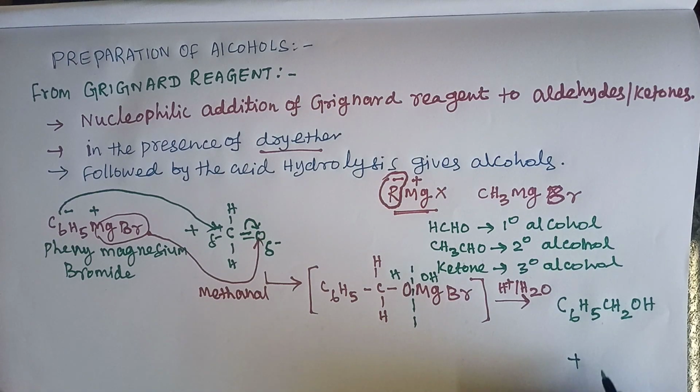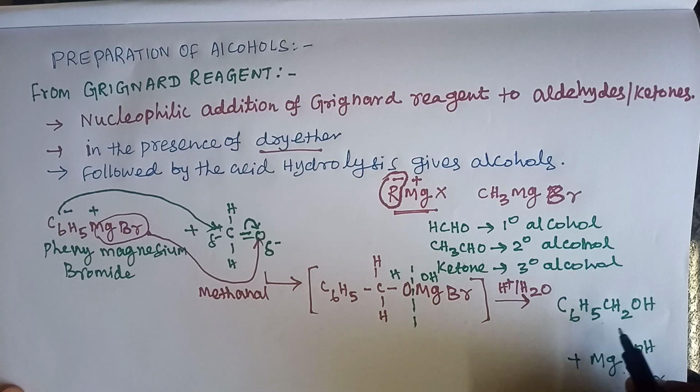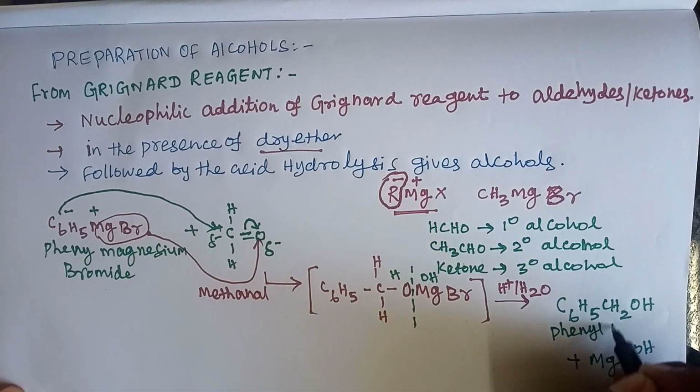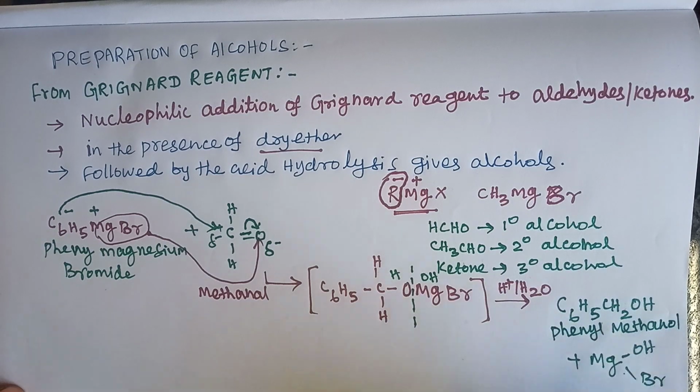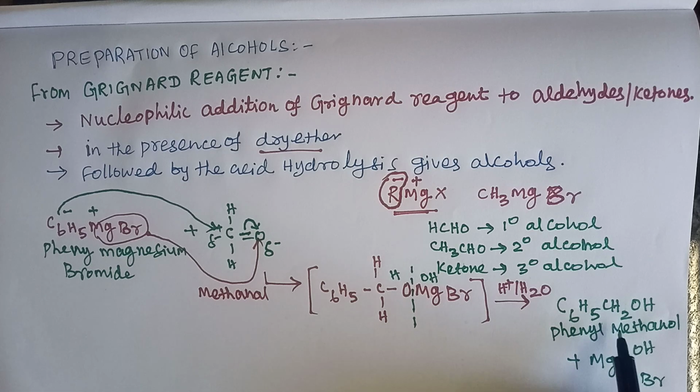The remaining part is MgOH and Br. Do you understand, students? This is phenyl methanol. The name of this compound is phenyl methanol. This has CH2OH, which means it is a primary alcohol.